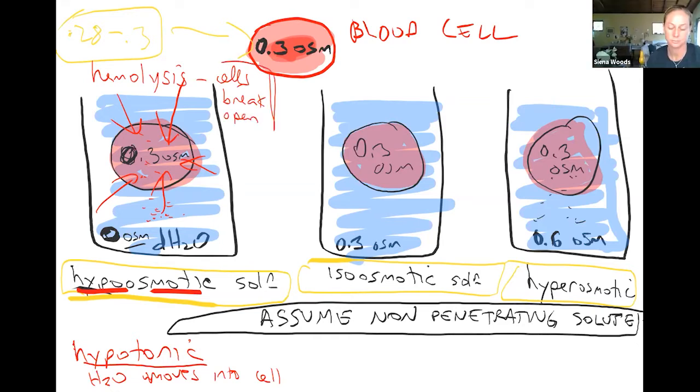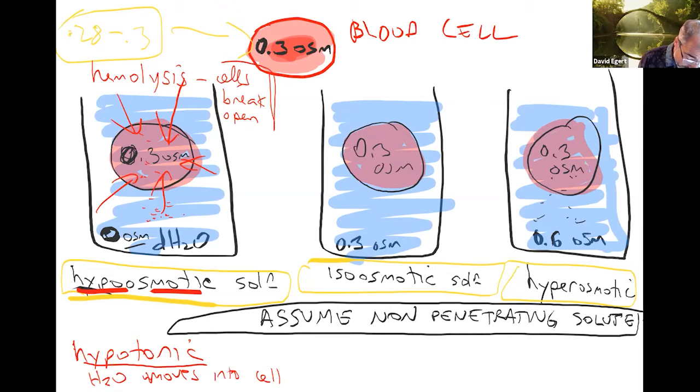Lyse means to cut open, so hemolysis, cells break up. That happens if you put your blood cells in distilled water, they all explode. They just spill their hemoglobin into the solution, and it becomes this big red solution of free hemoglobin. There are no more cells in there anymore. All the cells have popped.